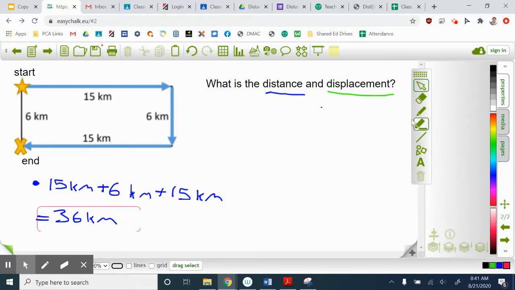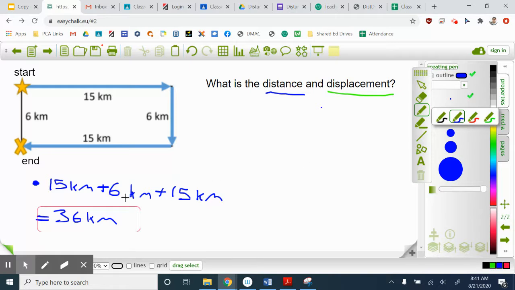And our answer for distance is going to include a magnitude with its units. Your answer will always have units, or should. Sometimes it won't if the problem doesn't specify units, but if it does, we're going to write our units down with it.